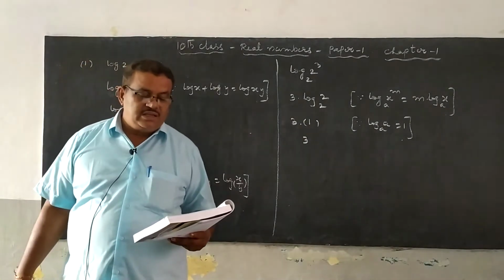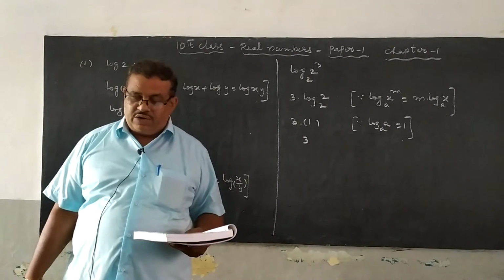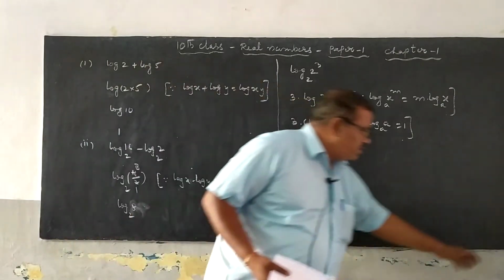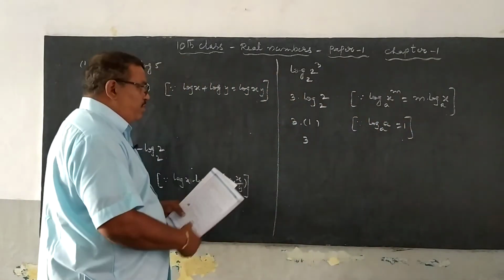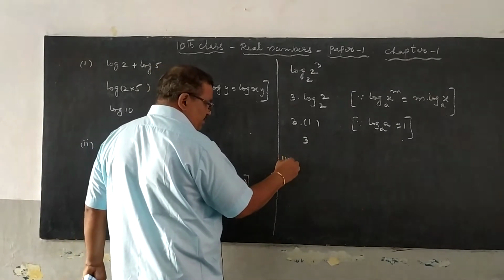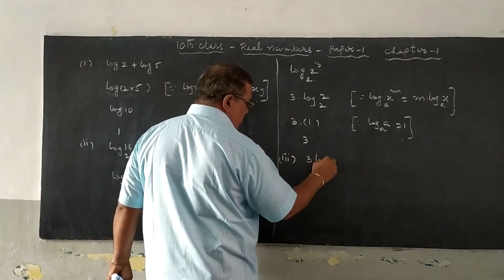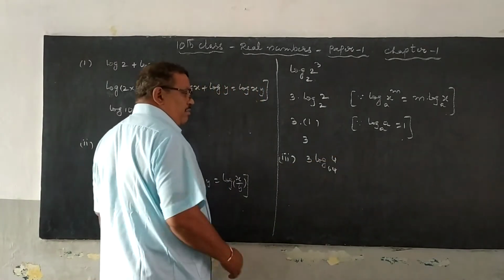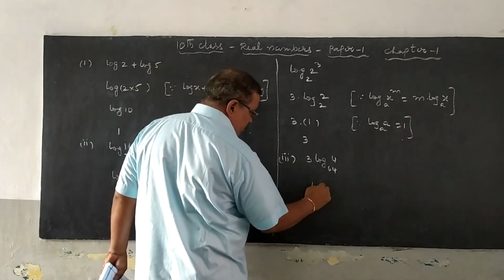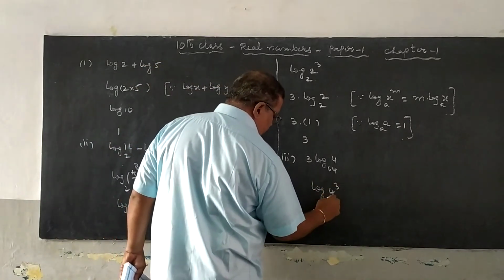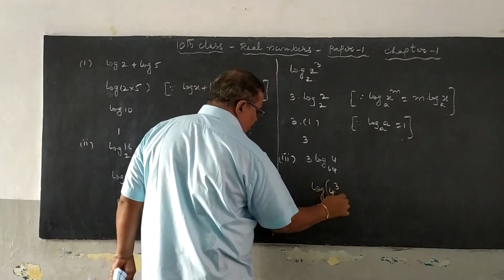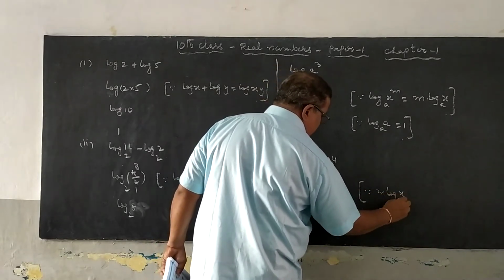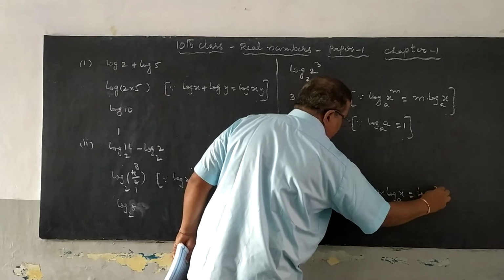Now we are going to discuss 3 log 4 base 64. How we have to do this one? One time listen. 3 log 4 base 64. Third problem in this Roman. M log x can be written as log x power m, that is log 4 cube base 64. m log x base a can be written as log x power m to the base a.